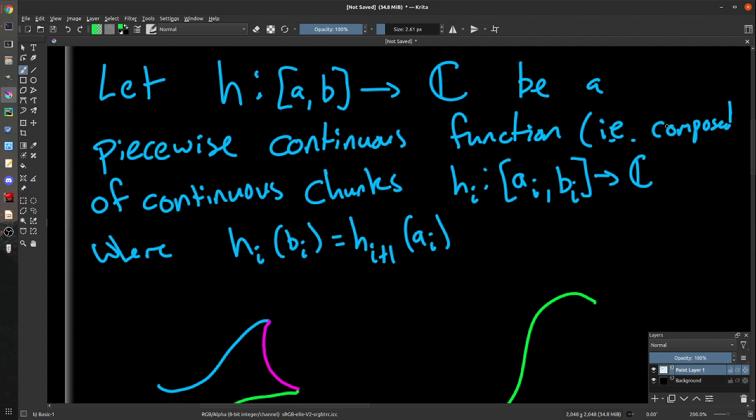We could replace this chunk and say piecewise continuously differentiable, i.e. composed of C1, one-time continuously differentiable, chunks.